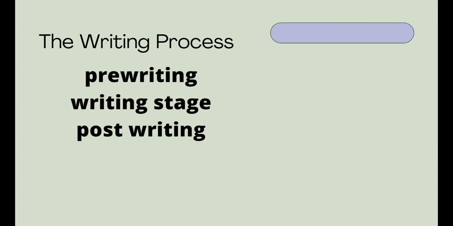Now let's go to the writing process. Of course, you know this, the different stages. We have the pre-writing, where you outline your ideas and the brainstorming happens. Next is the writing stage, where you actually put the ideas into words, into paragraphs.